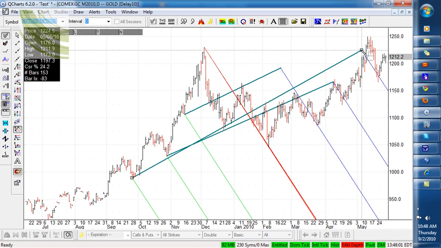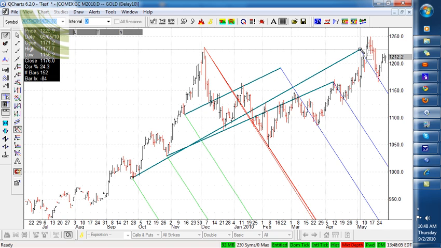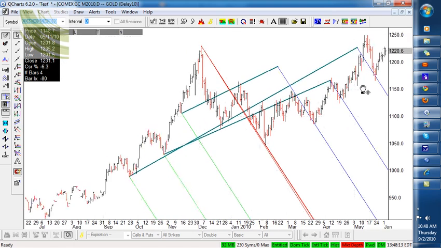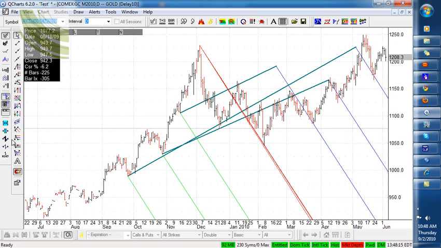Okay, let's see what happens here. Here we can see that prices stopped there, blasted through, and came back down and used this area here effectively as support. So let's draw the last one.